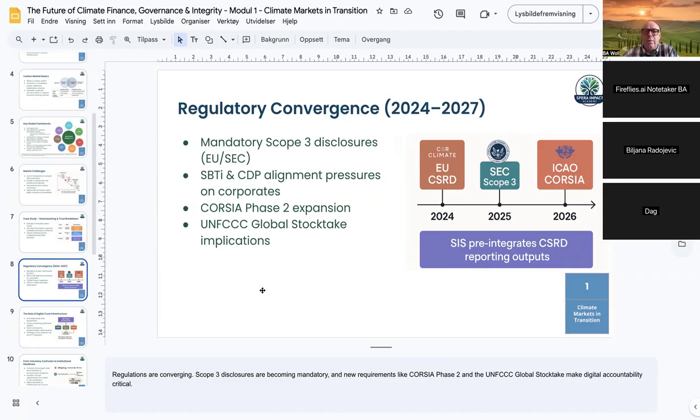There are some omnibuses that most likely will be approved under the EU that give the companies a longer time to implement, because they see it's quite a lot, especially on Scope 3 disclosures. But it will happen. But the lobbying is quite hard to make it easier for the companies.